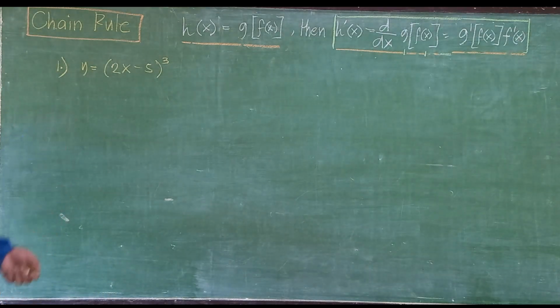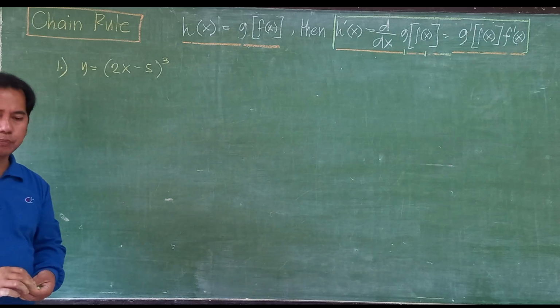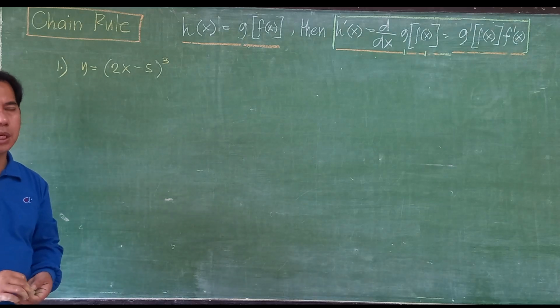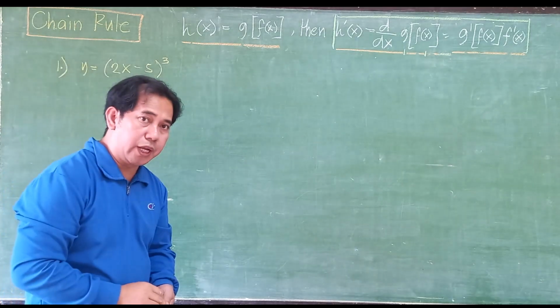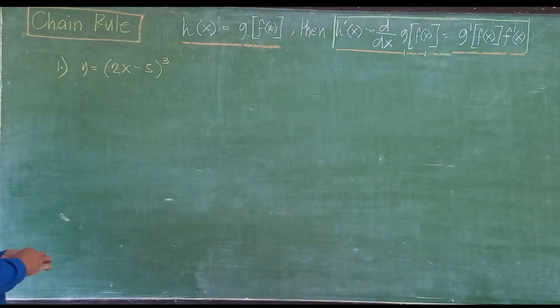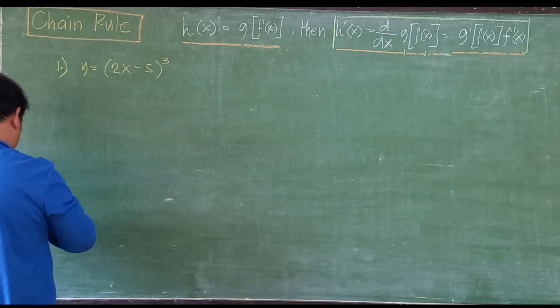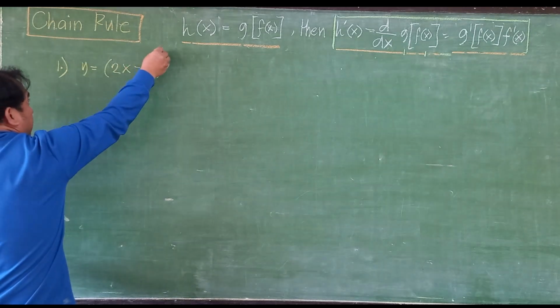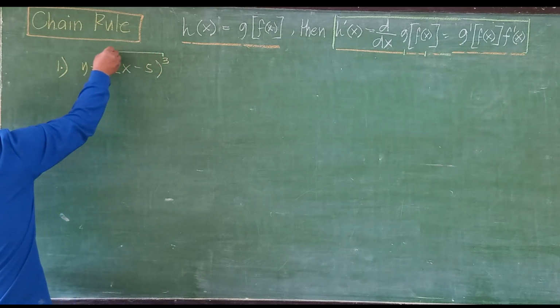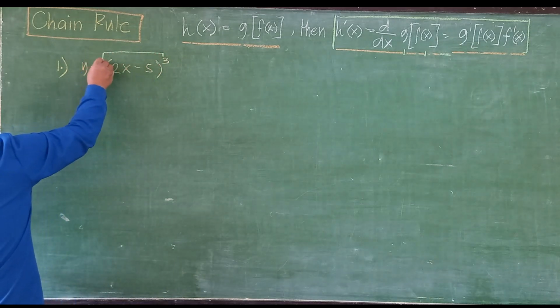Definitely, when we are going to get the derivative of this one, applying the chain rule, we have to look into the outer and the inner function. Where is the outer function? The outer function is actually identified by our exponent. So that is our outer function.